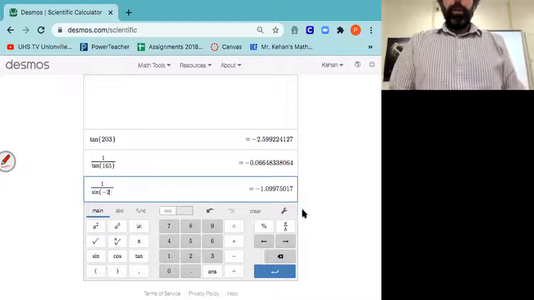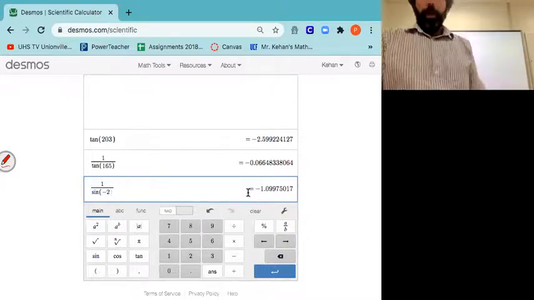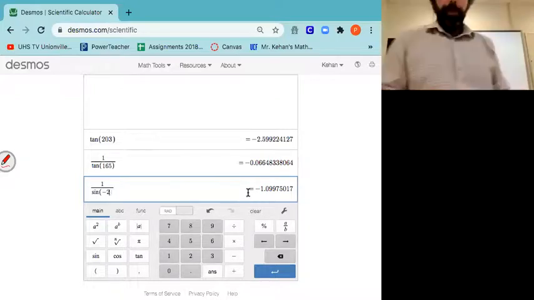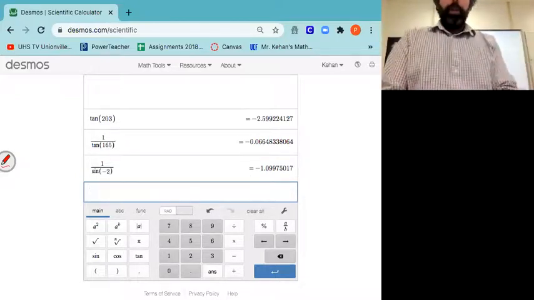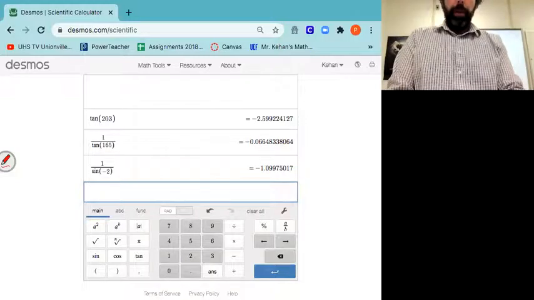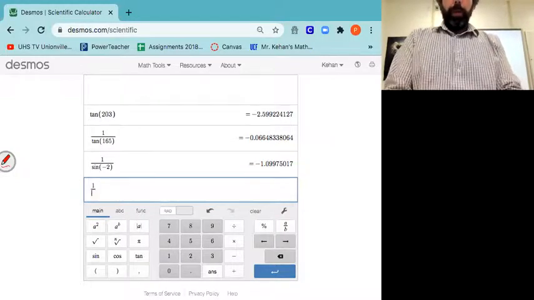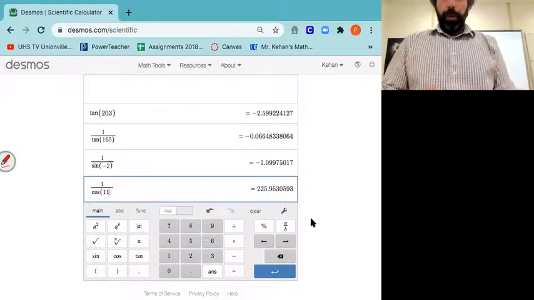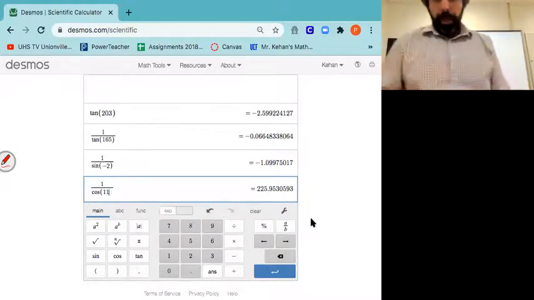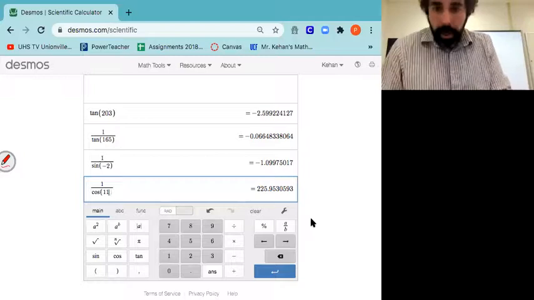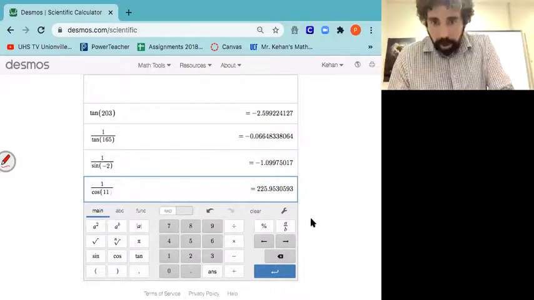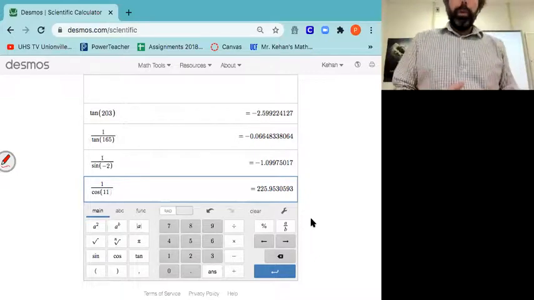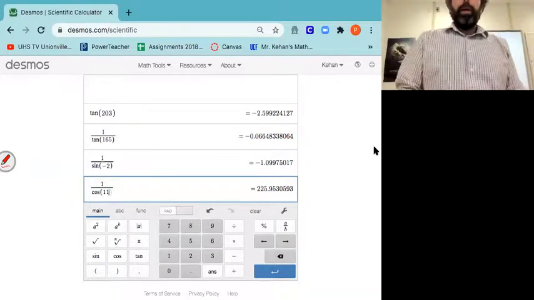Radians there, and then there's my answer, -1.0997. And then for the next one, it was the secant of 11. So that would be 1 divided by cosine of 11 radians. And that's going to give me 225, and again, go to 4 decimal places, 953, and then I would round to 1 there. So that's kind of how we're working with these two.